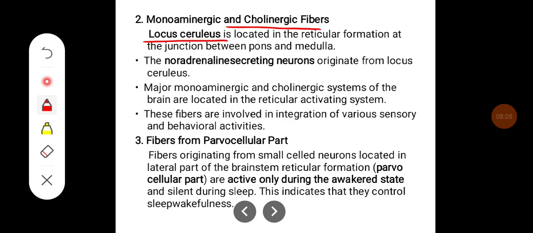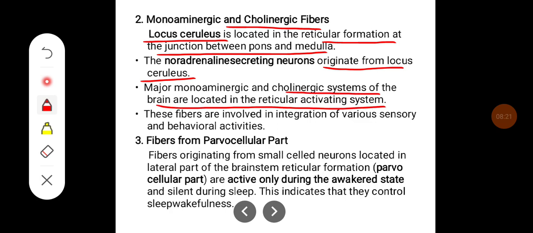The locus ceruleus is located in the reticular formation at the junction between pons and medulla. Noradrenaline secreting neurons originate from the locus ceruleus. Major monoaminergic and cholinergic systems of the brain are located in the reticular activating system. These fibers are involved in integration of various sensory and behavioral activities.